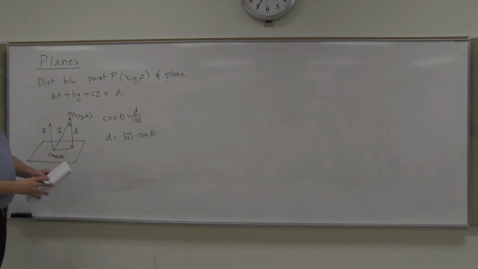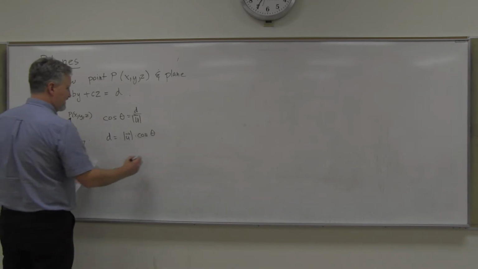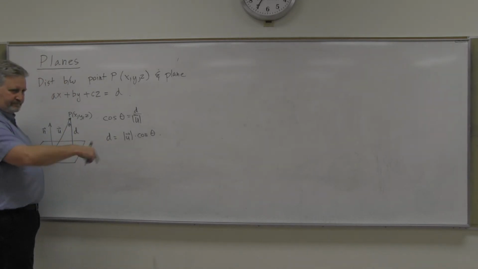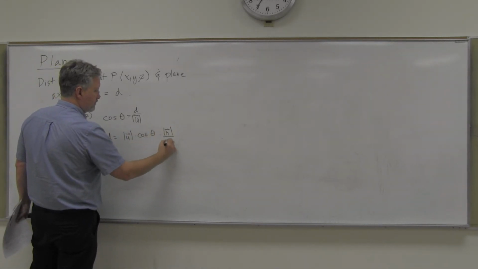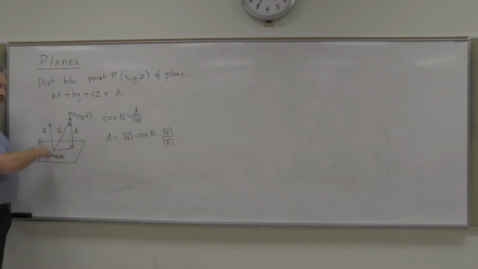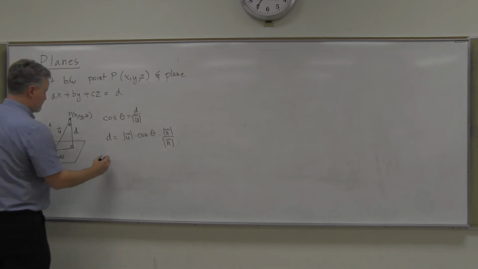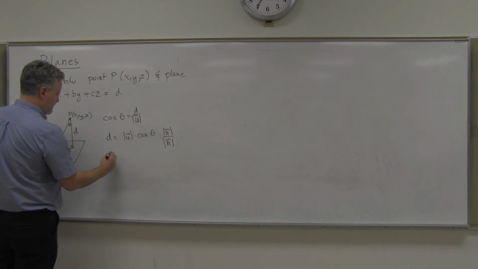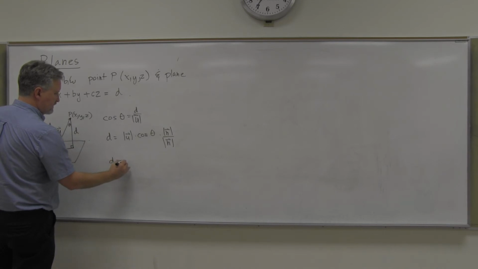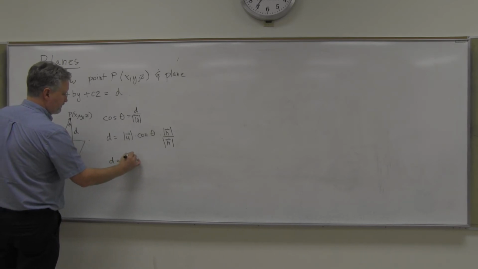However, let's note this. If I multiply top and bottom by the magnitude of n, which is this normal vector here, which would be parallel to the distance vector, here's what I've got.